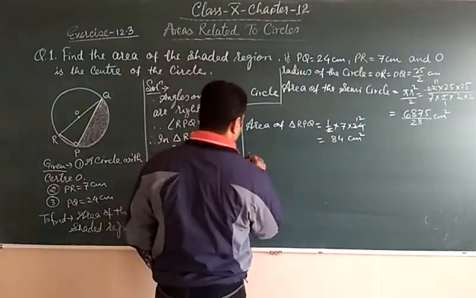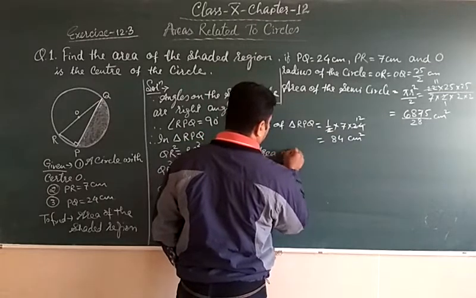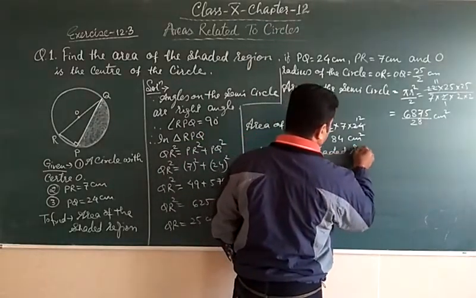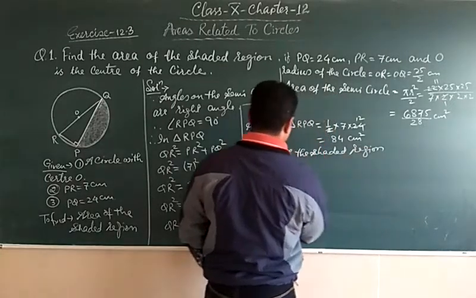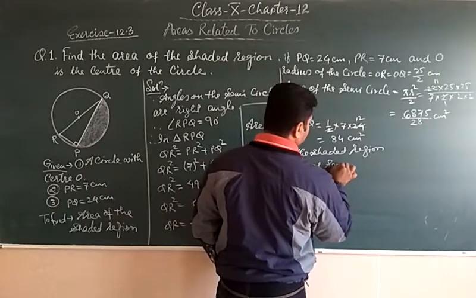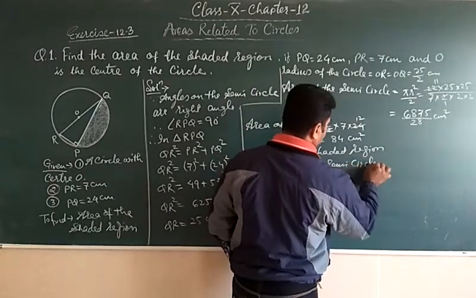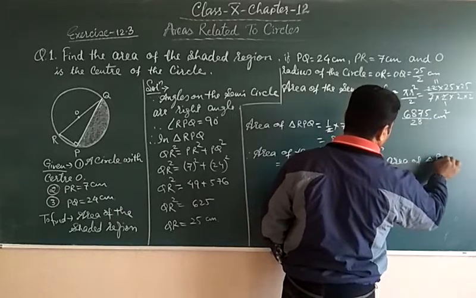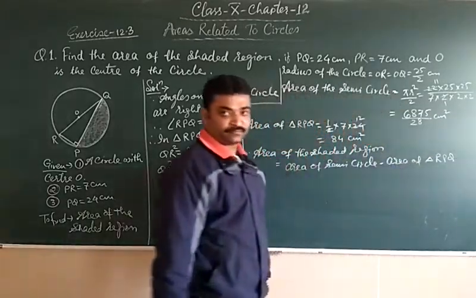So, therefore, the area of the shaded region is equal to the area of the semicircle minus the area of triangle RPQ.